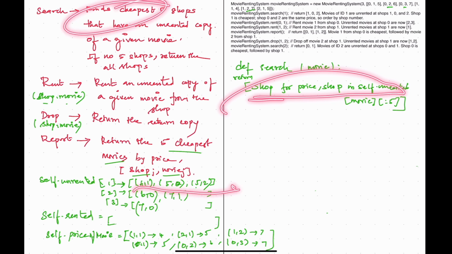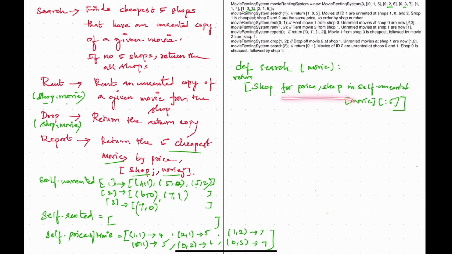Since it's a sorted list, whatever comes first is the cheapest. If you put 5, it will traverse at most 5; if it reaches 5, it will break, and if not, it will go up to 5. Got it? Then this is the search function. Now the search function becomes very simple, in one line.